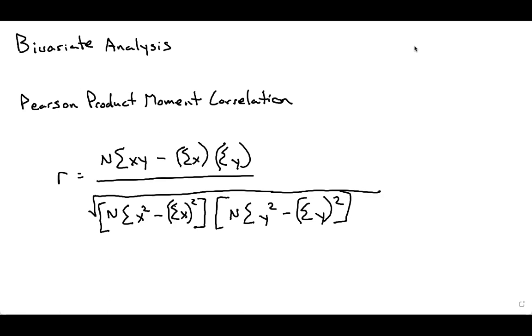Now here I've written out the formula for Pearson product. Pearson product is typically called Pearson product correlation or Pearson product. I wrote out the entire name here just for the sake of it. Pearson product is signified by the R symbol.